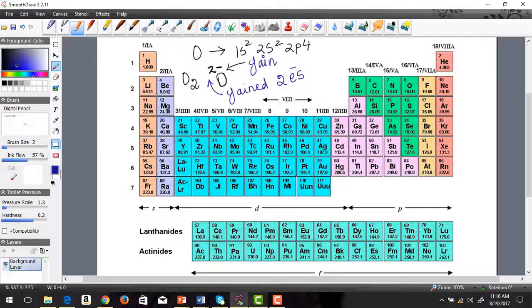Now, what does that configuration look like? Let's come back and write here. O is as usual. O2 minus is 1s2, 2s2, 2p6. Now, both 2s2 and 2p4 are valence orbitals.